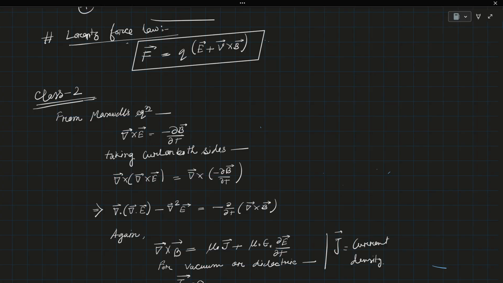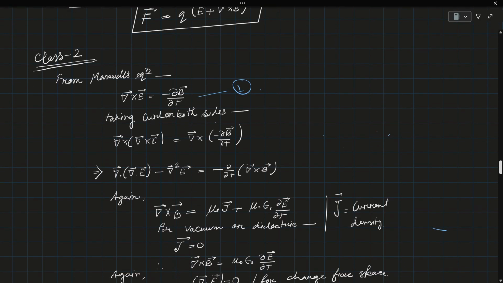So from one of the Maxwell equations, we have got del cross E equals minus del B by del t. Let's say this is equation number one. On taking the curl on both sides of this equation, we will get del cross (del cross E) equals del cross of minus del B by del t.